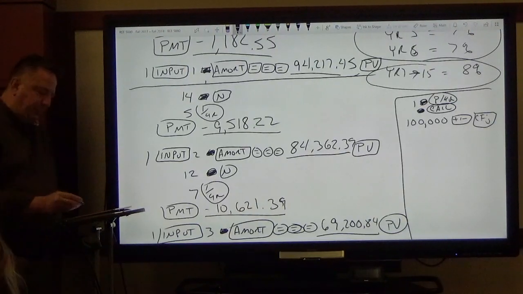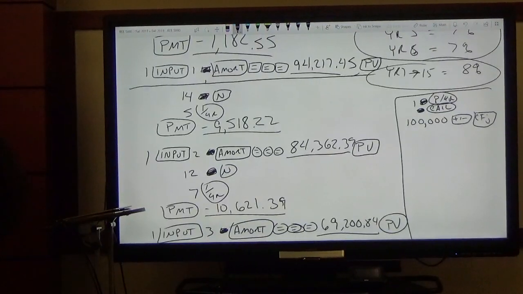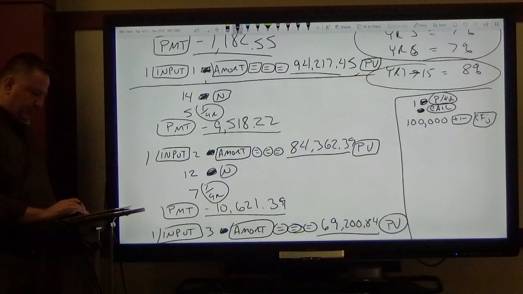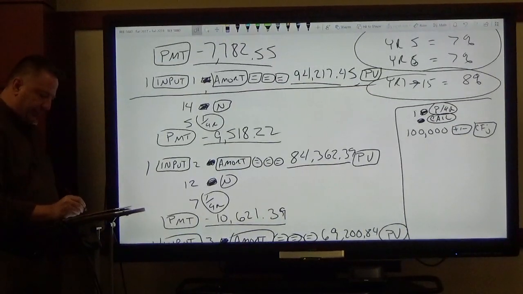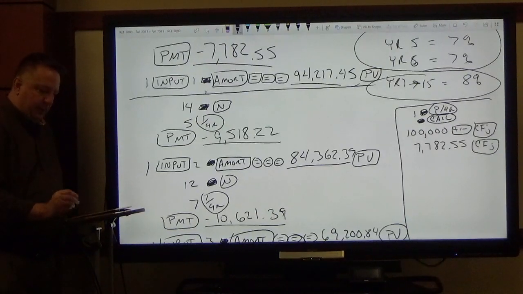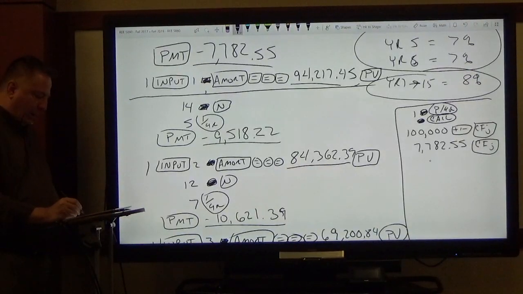All right. So, what cash flow is the lender going to receive in year 1? $7,782.55. Correct. So from their perspective, that's a positive number. That's cash flow. What number are they going to receive then for the next 2 years? $95.18.22.